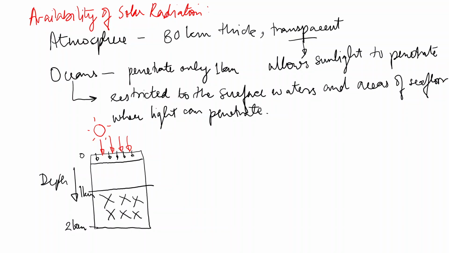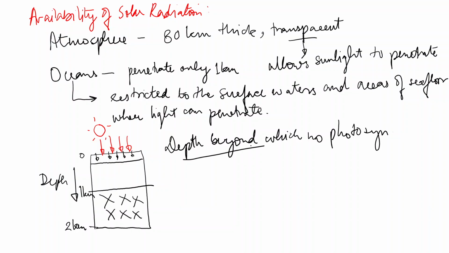But of course, it doesn't go that deep. So we now get a depth beyond which no photosynthesis occurs, this depth is called as the compensation depth for photosynthesis.